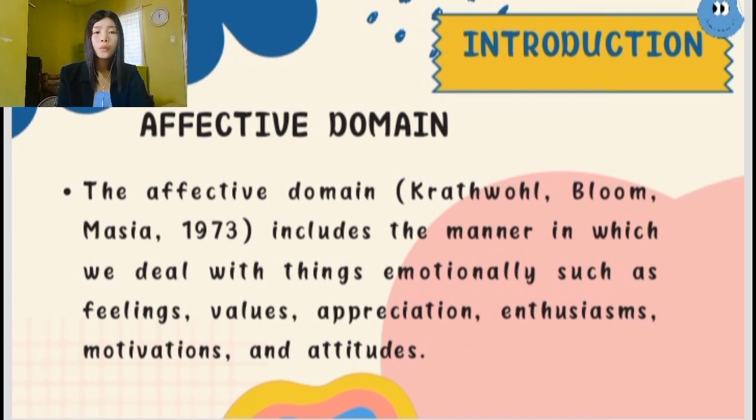Krathwohl, Bloom, and Masia, 1973. The affective domain includes the manner in which we deal with things emotionally, such as feelings, values, appreciation, enthusiasm, motivations, and attitudes.